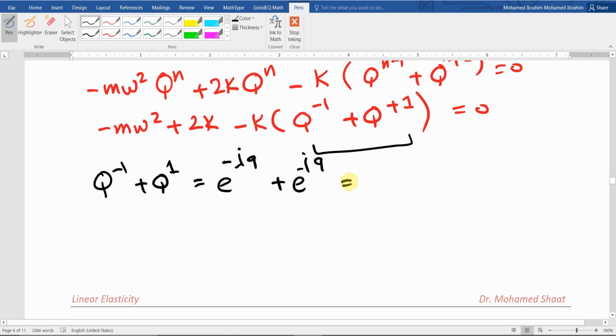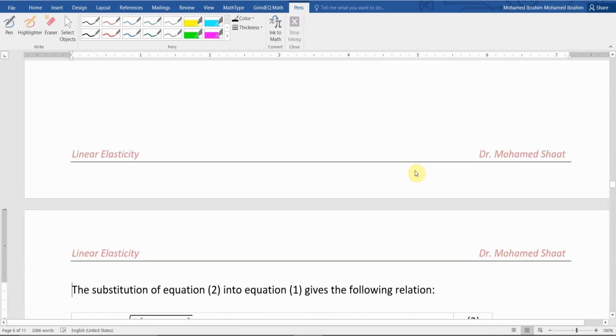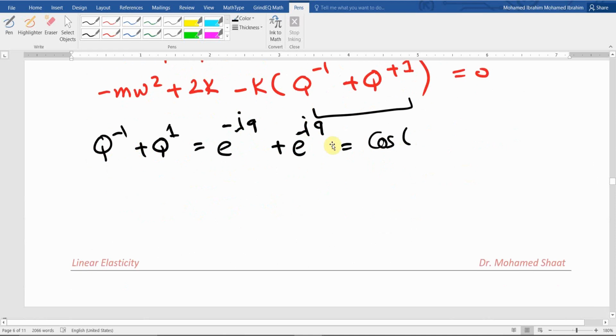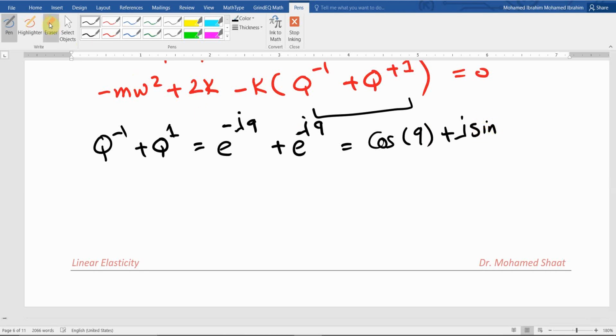If you remember from trigonometry, this complex exponential term can be expanded into cosine and sine. So for example, the negative power -iq can be expanded into cosine q, minus, because there is a negative here, i sine q.